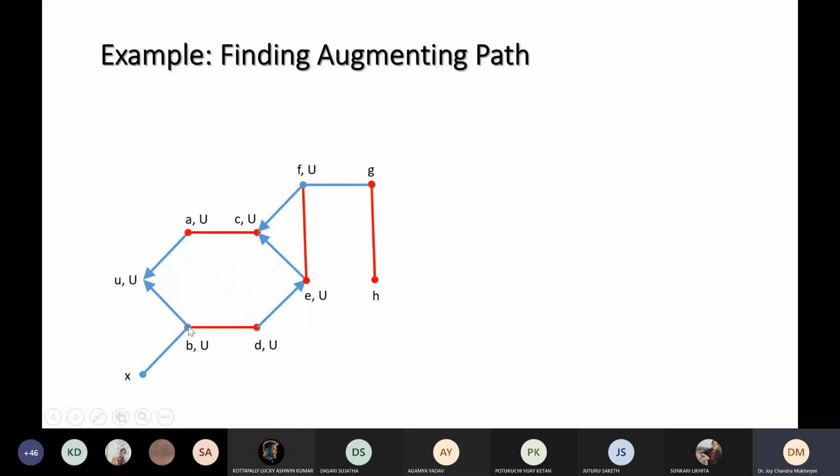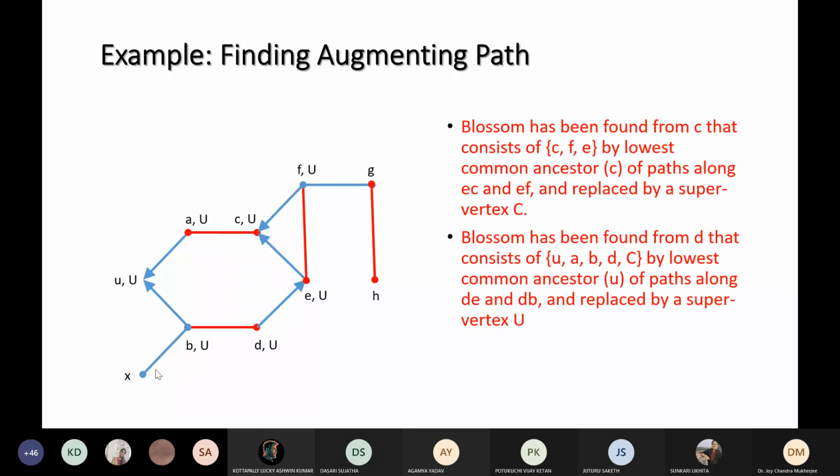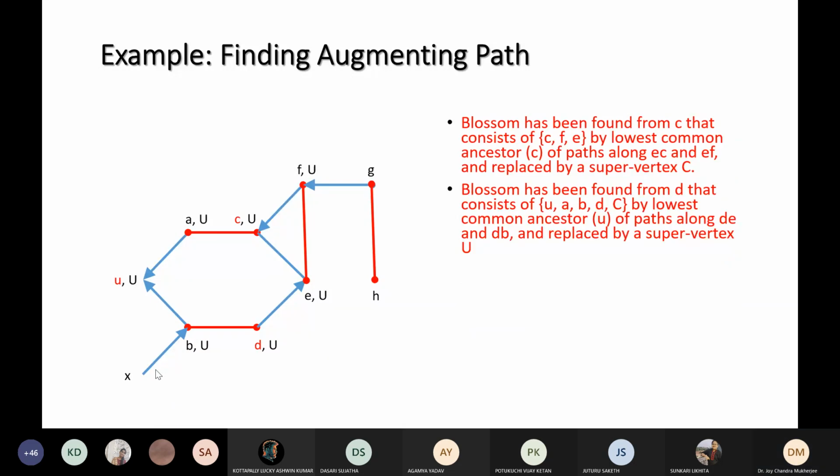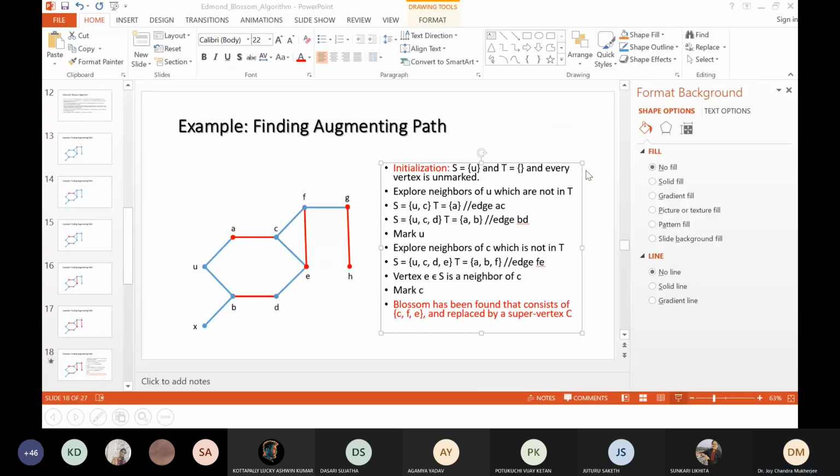Now from here you explore. This whole thing is a super vertex. From here you explore, this is X, and X is an unsaturated vertex. So you discover that it is replaced by U. The same thing is being repeated, we don't need to write this.